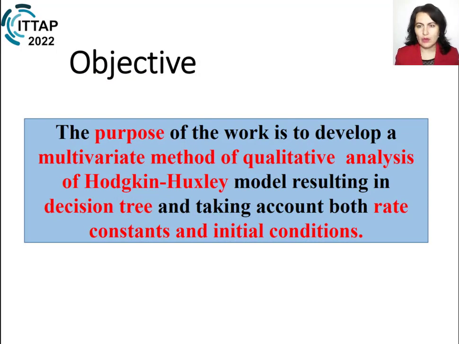In this work, we offer a fundamentally different approach to the qualitative analysis of the Hodgkin-Huxley system, which uses a multivariate method of simulation modeling with the subsequent application of a data mining algorithm.